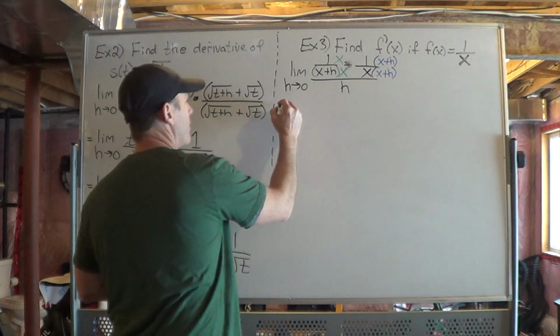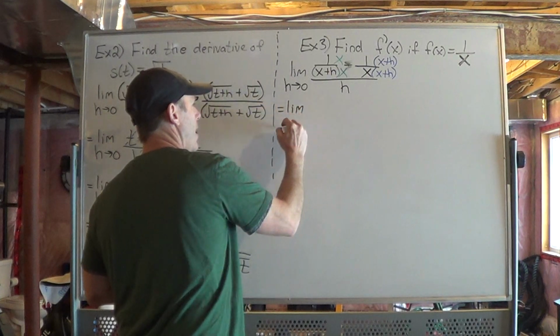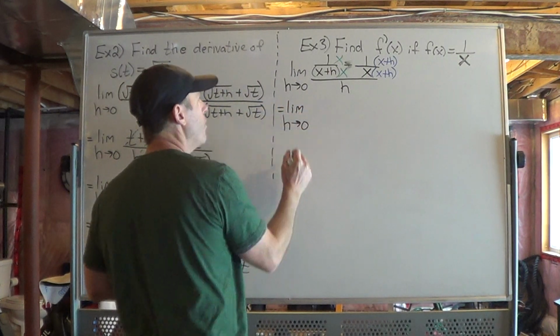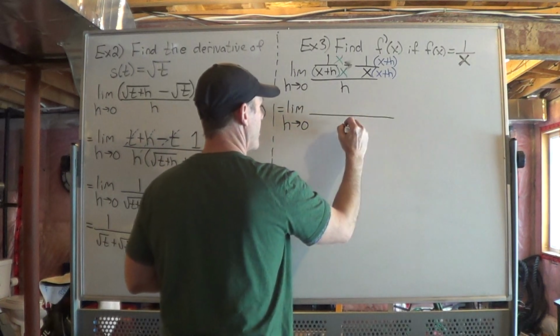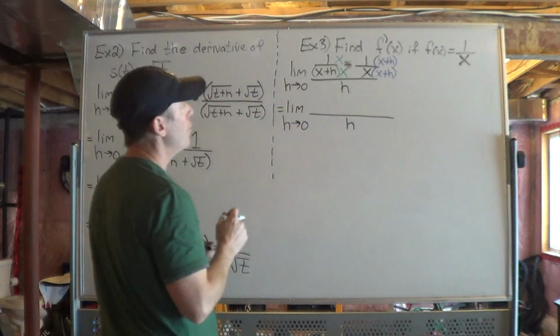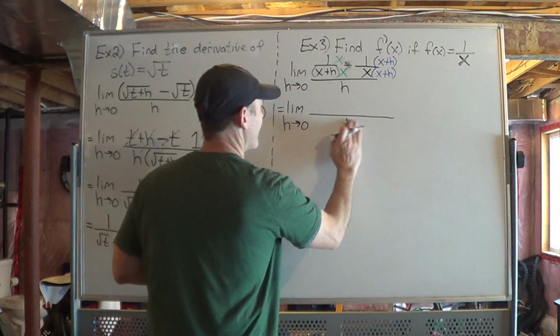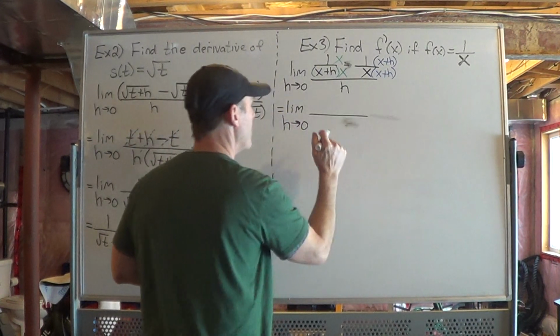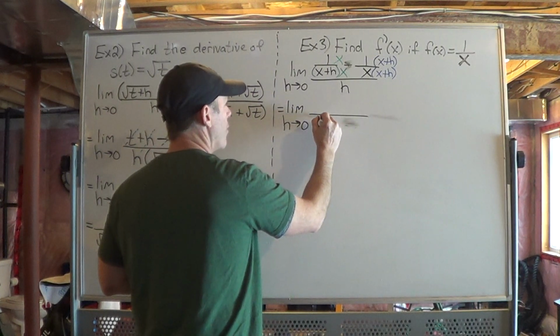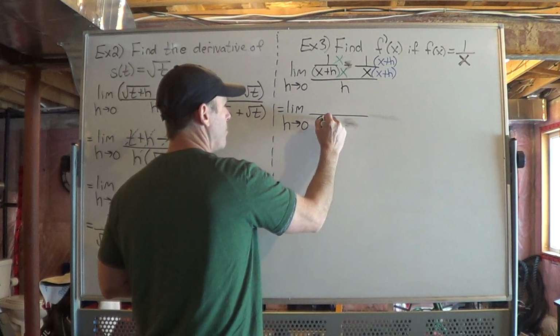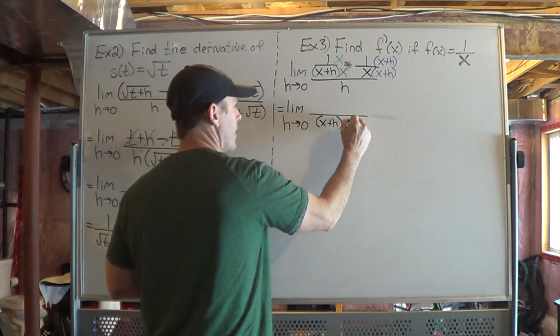So now I've got the limit as h approaches 0. So again, we'll draw a big sign there. I still got that h as my numerator there. So again, my common denominator is now x plus h times x.